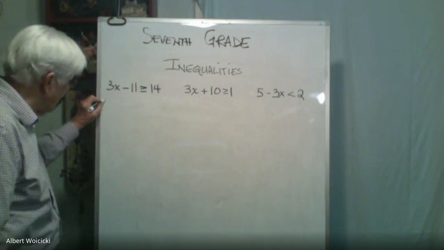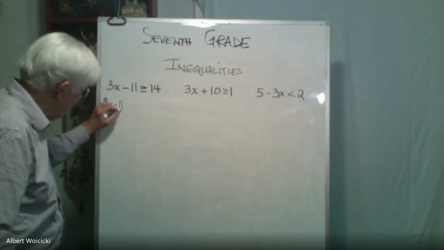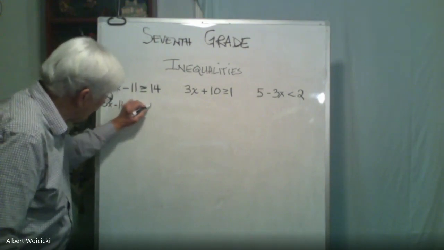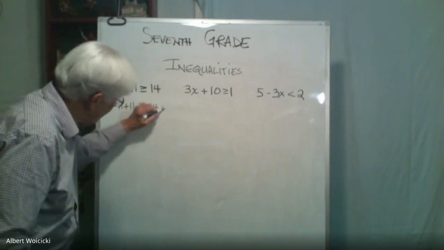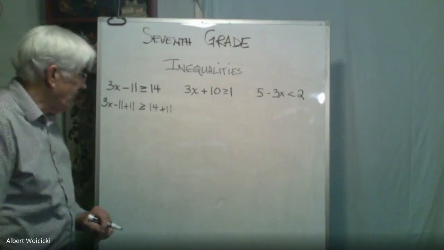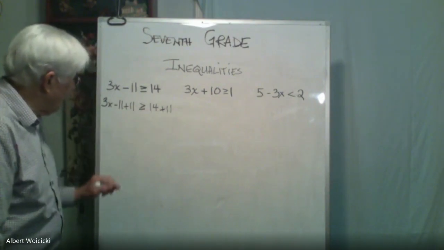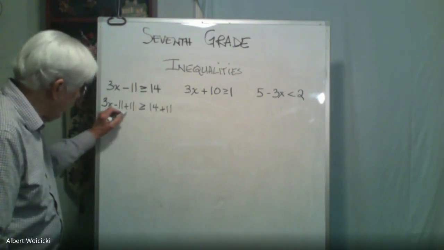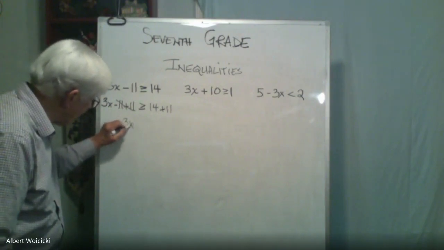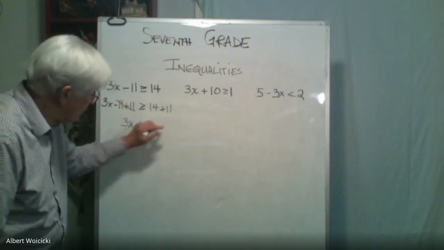Or in this case, 3x minus 11 plus 11 is greater than or equal to 14 plus 11. So, now, what are we going to have here? On this side, these are going to go out. And we're going to get 3 times some number is greater than or equal to 25.